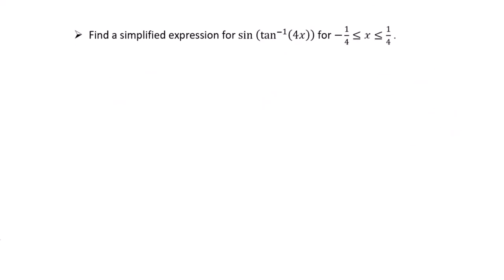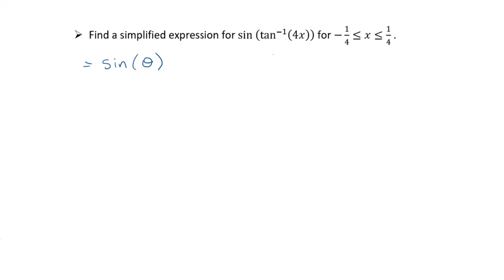Now find a simplified expression for sine of inverse tangent of 4x for x between negative 1/4 and positive 1/4. Now I'm looking at saying that this is equal to the sine of some angle theta.